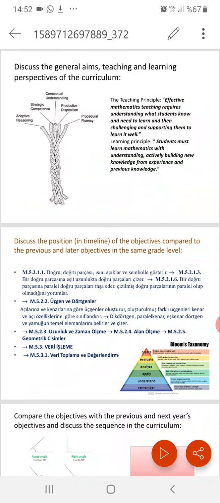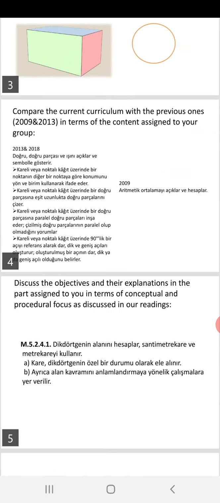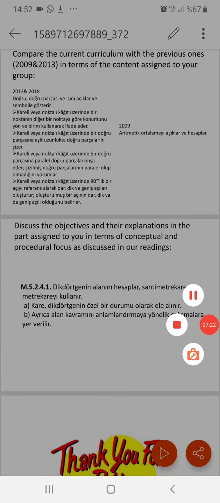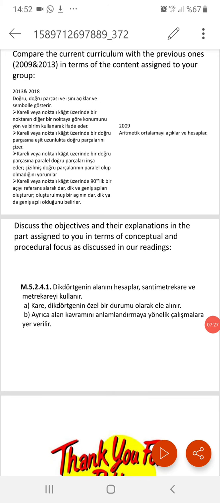However, just under the objectives in the curriculum, we can see hints or clues on how to apply the objectives. In some activities, it is suggested to use grid paper, promote the topics with real-life examples, and make estimations, for example, about area measurement. In this way, students are aimed to internalize the concepts, to be able to apply them in the next activities and to be ready for moving one step further in the next years.